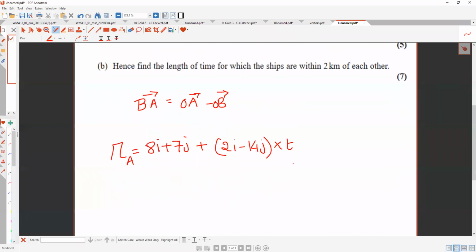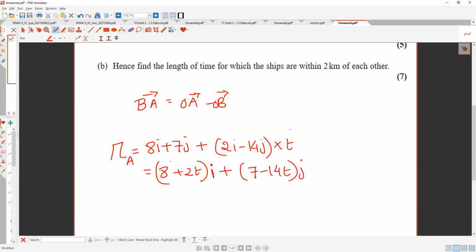Then if I rearrange this, it's going to be (8 plus 2t) i plus (7 minus 14t) j. This is for whom? rA.